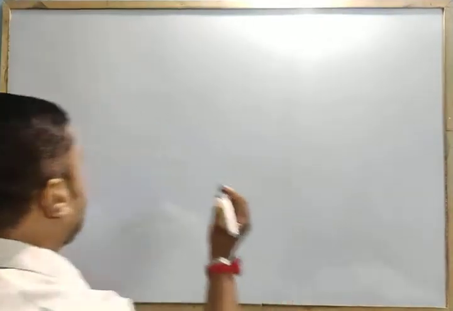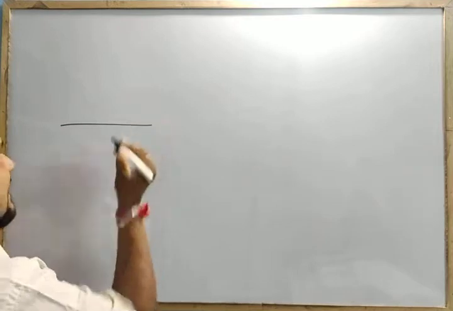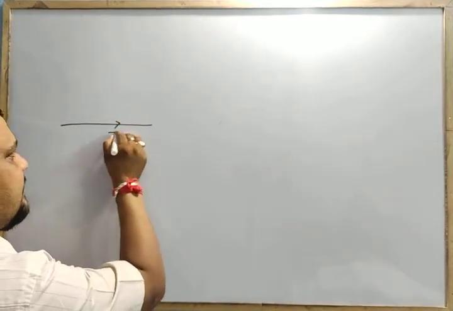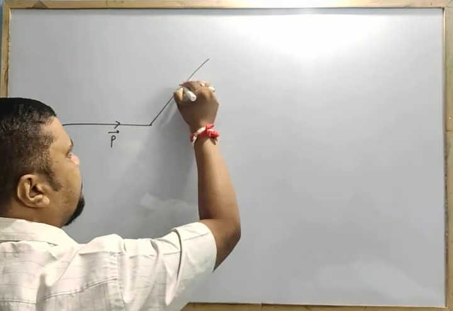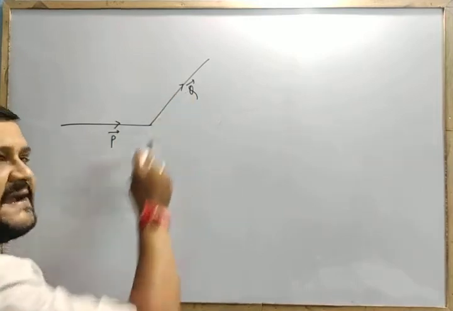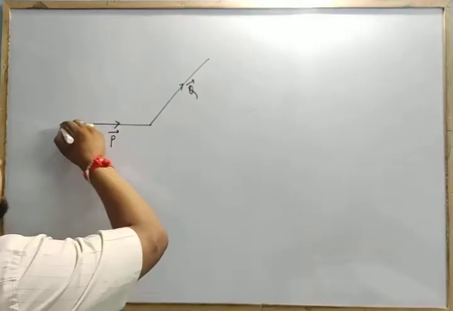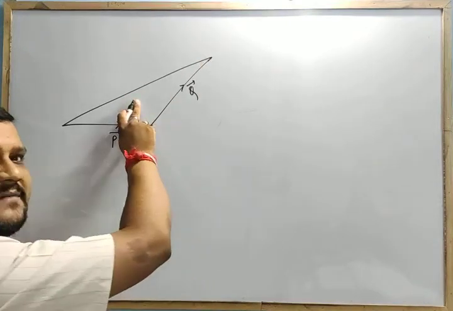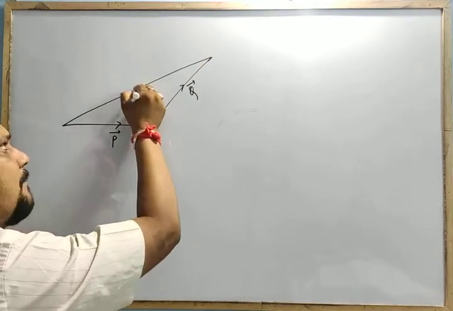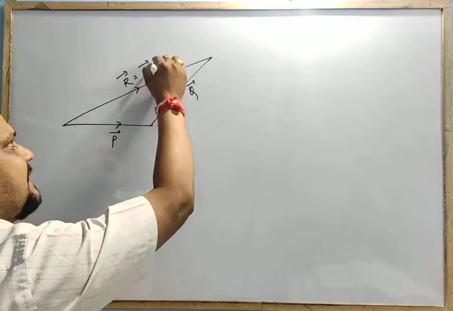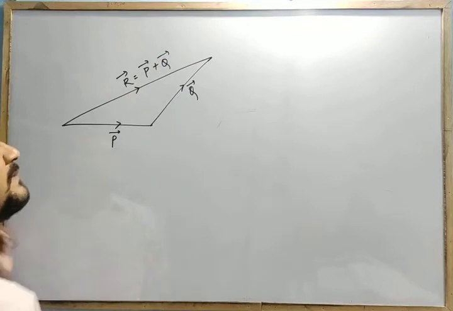In the triangle law of vector addition, if two vectors P and Q are acting along two sides of a triangle, the resultant is represented by the third side of the triangle taken in the opposite order. This is my R, which is equal to vector P plus vector Q, isn't it?